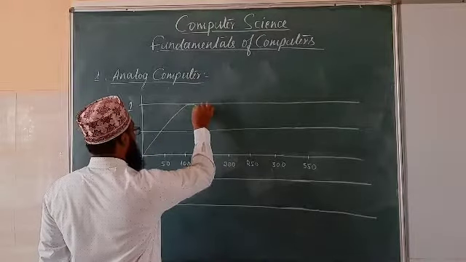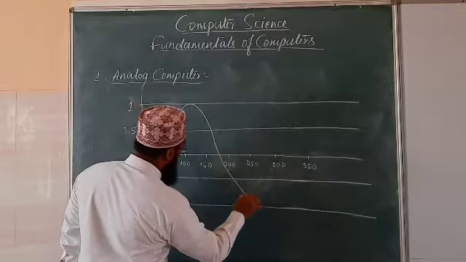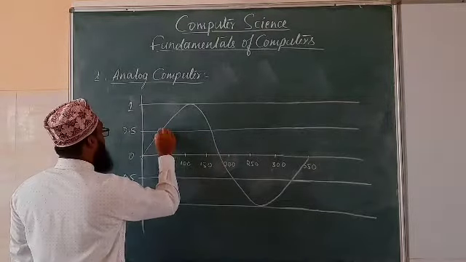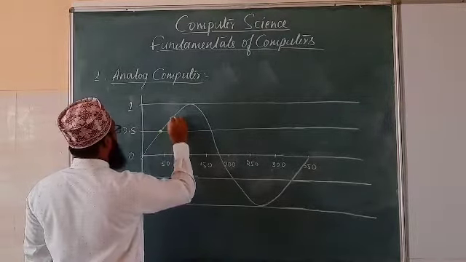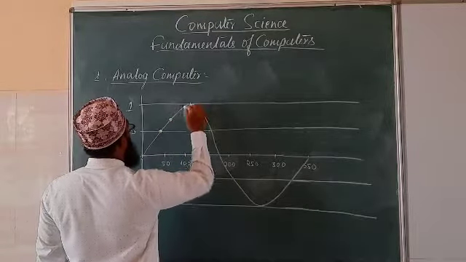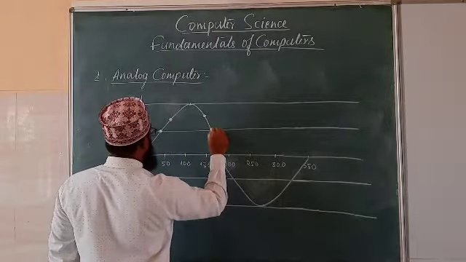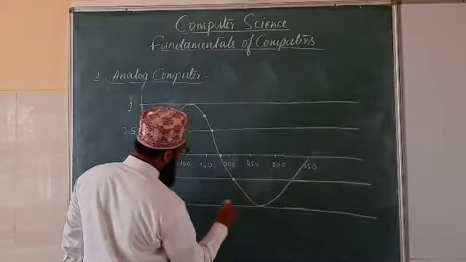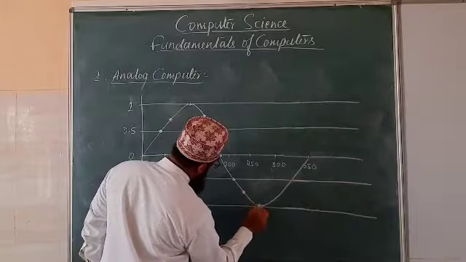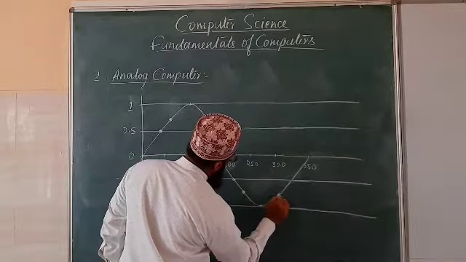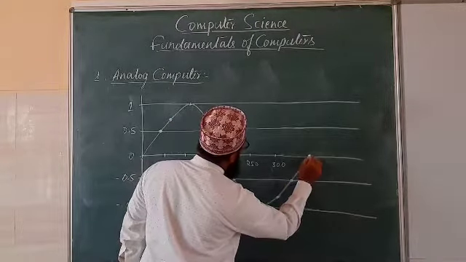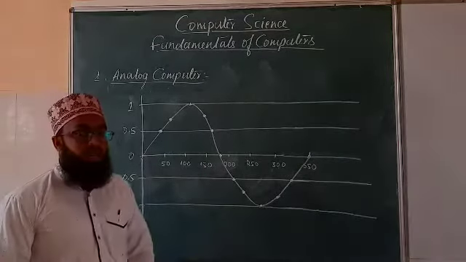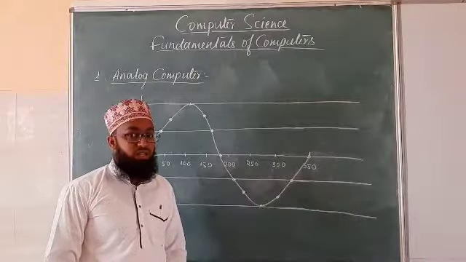It comes like this. So the analog graph can be given like this. See, the analog graph of an analog computer is given like this.